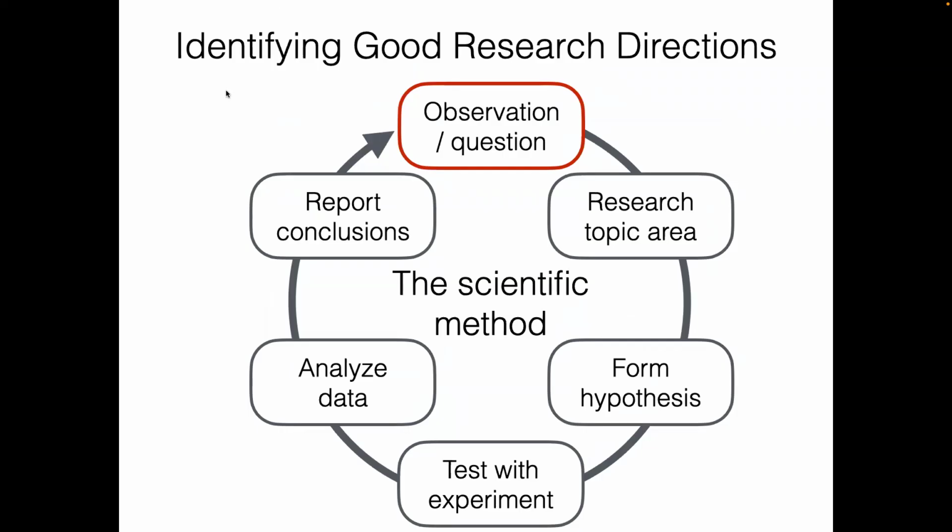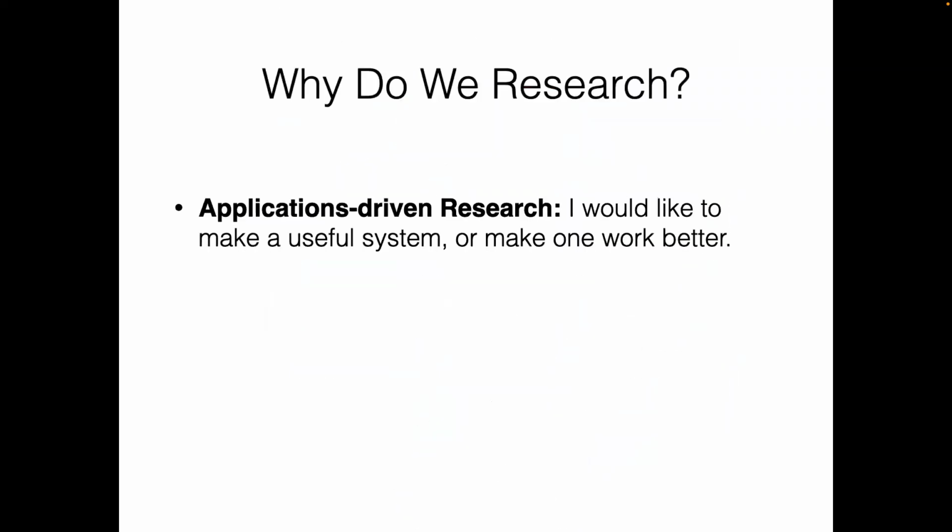Well, this is sometimes the most difficult part of research. So it's going to be difficult to fully describe the way to do that. But certainly you could come up with some way of structuring your thinking about it. One way to do that is to think of broad categories of research.